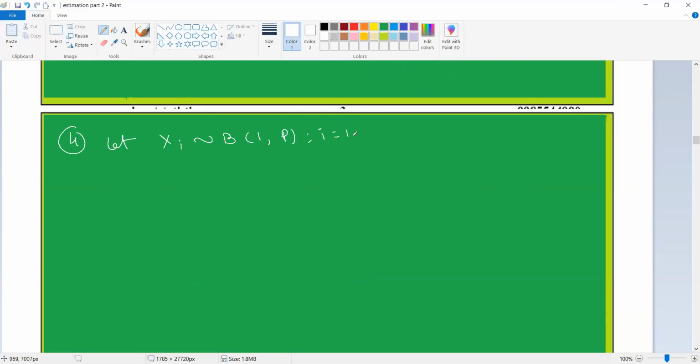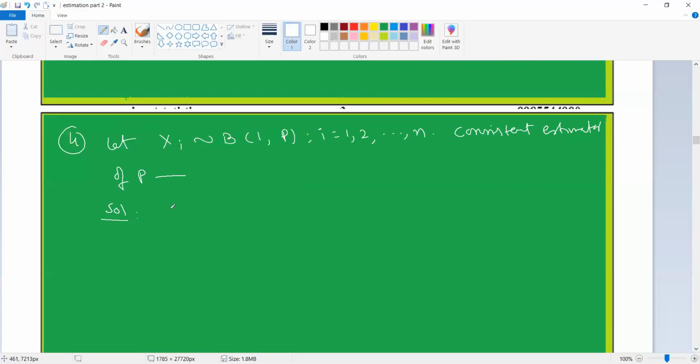Here xi's are IIDs, i is equal to 1 to n. Our requirement is a consistent estimator of p dash.